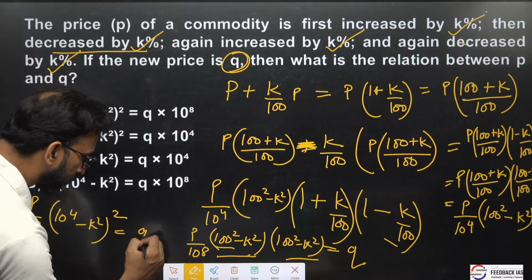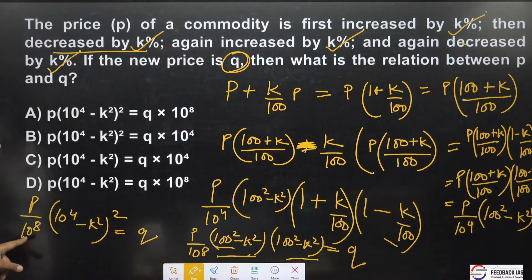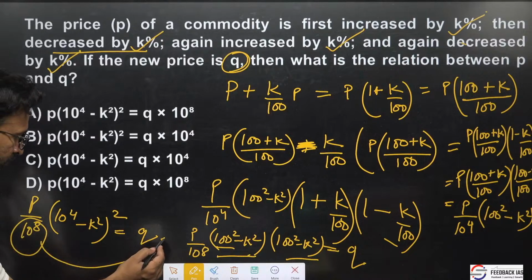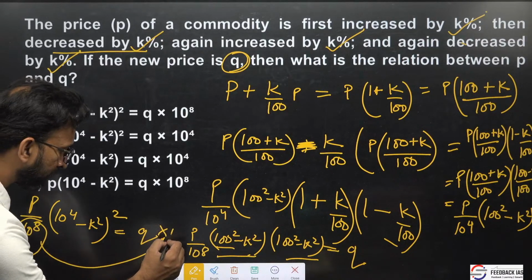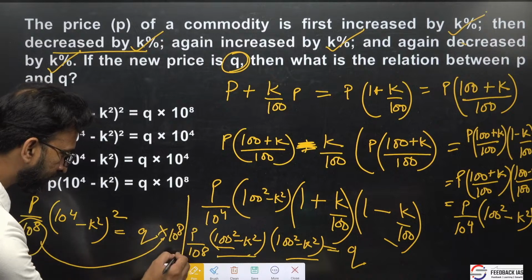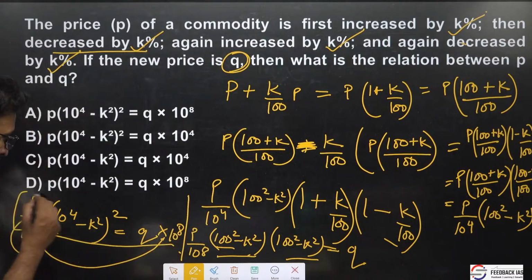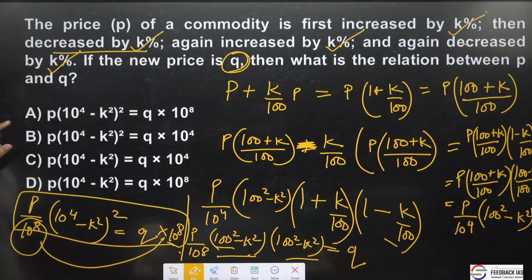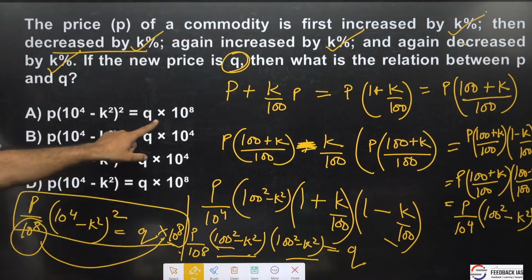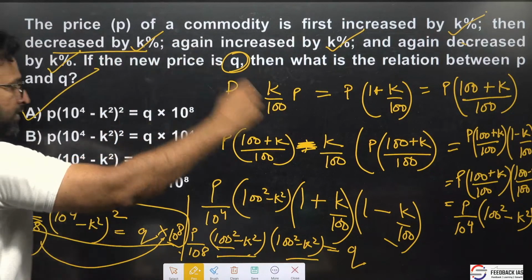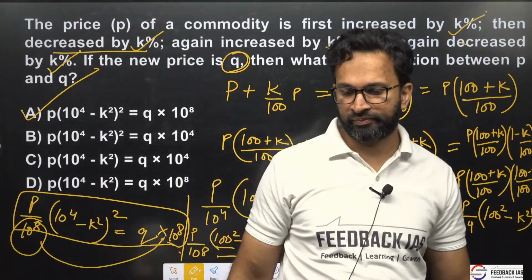Now if we cross multiply, it will be 10 to the power 8. So this is the final equation that we have come out with. Now we can identify that P times (10 to the power 4 minus K square) whole square equals Q times 10 to the power 8. So A is the correct answer.